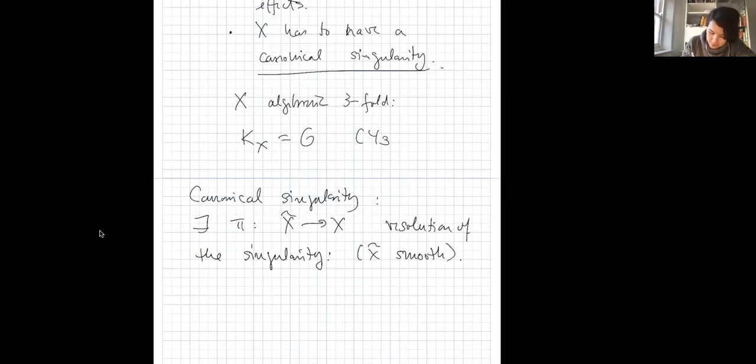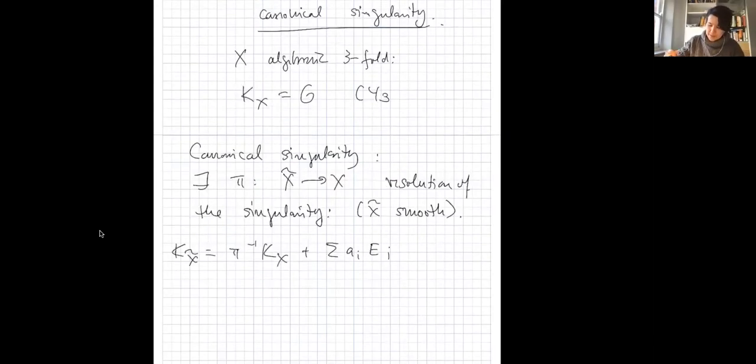And now such that K_X tilde is just a pullback of K_X, and then possibly the sum of a_i E_i, I'll explain what these are in a moment, with the a_i greater or equal to 0.